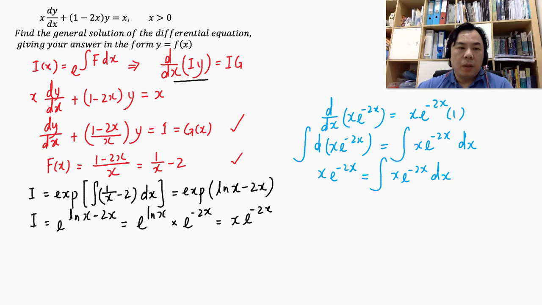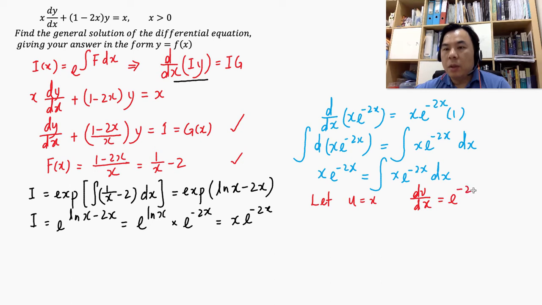Now our last step is to perform integration by parts. So from here, we're going to let u equal to x, and then dv/dx equal to exponential negative 2x.